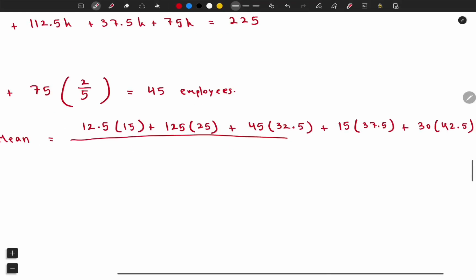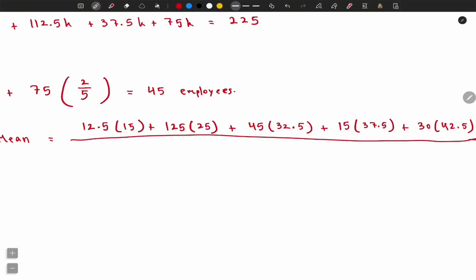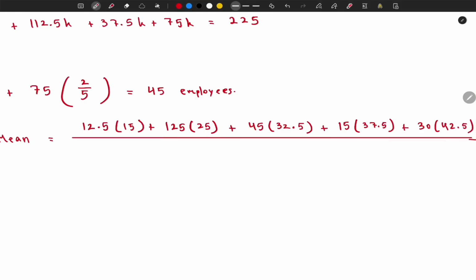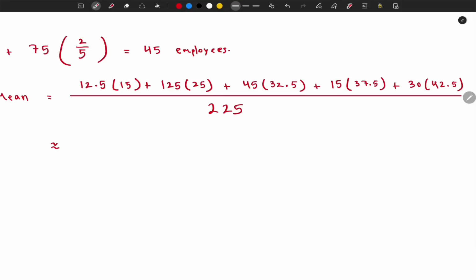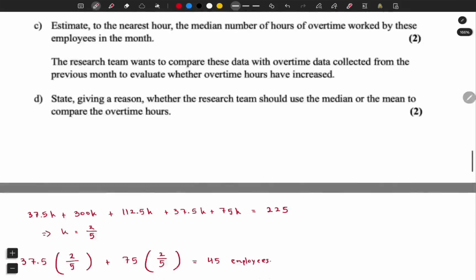And we need to divide this whole value by the total frequency. The total frequency is actually 225. So now we can find out the mean value. So the estimated mean will be around 29 hours. So that is the answer for this part.